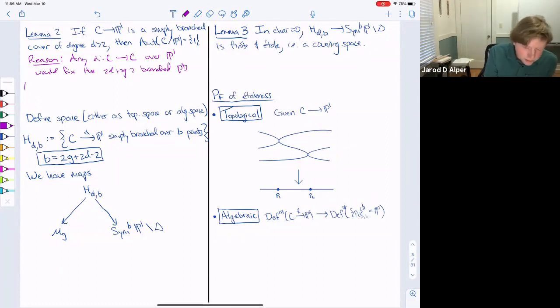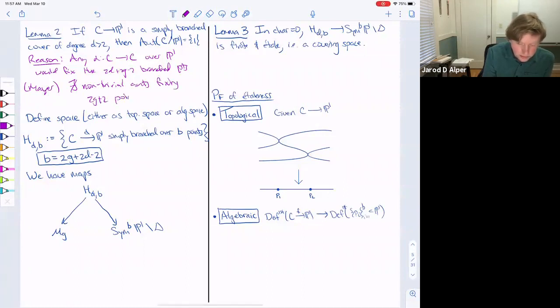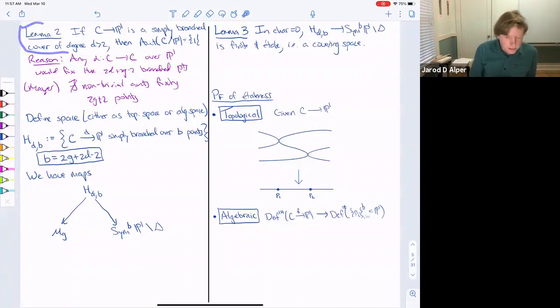And there's a classical fact about smooth curves that there does not exist any non-trivial automorphism fixing more than 2G plus 2 points. And so as long as D is greater than 2, there won't be any automorphisms. That's not such an important fact for this lecture, but I just wanted to state it.